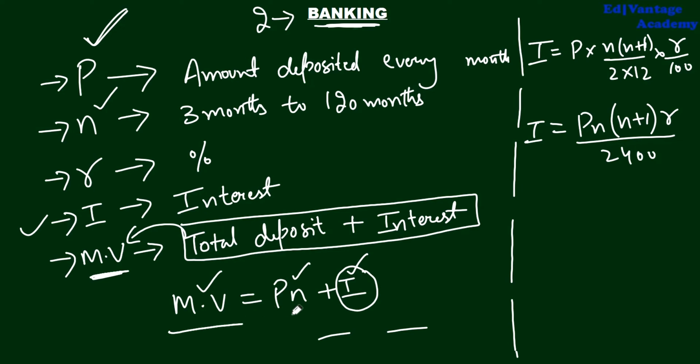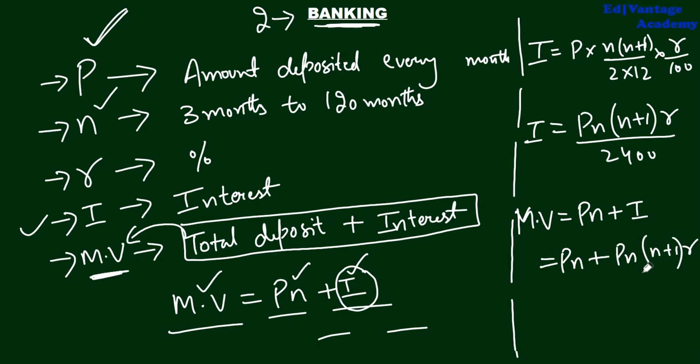So maturity value is total deposit plus interest. Can I make this formula as MV is equal to P into N plus I, which is now P into N plus P into N into N plus 1 into R divided by 2400? Remember, 2400 is in division only for this part.